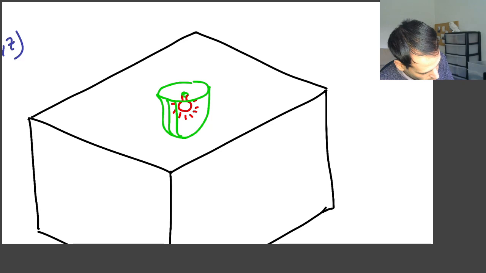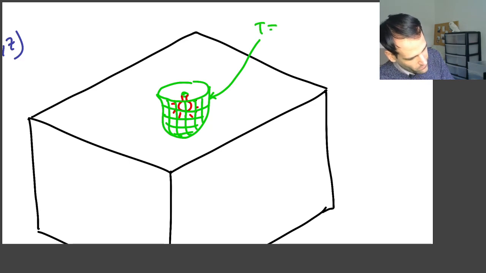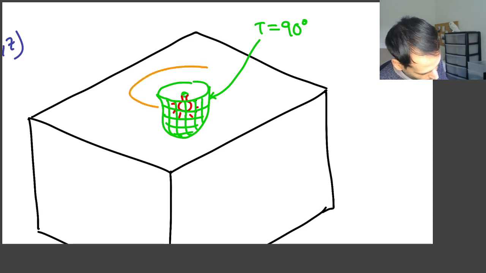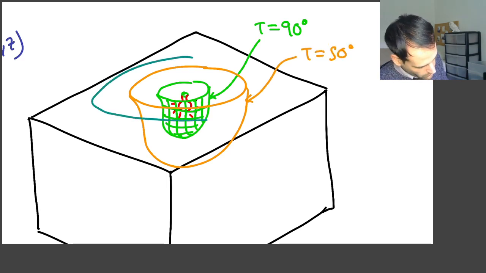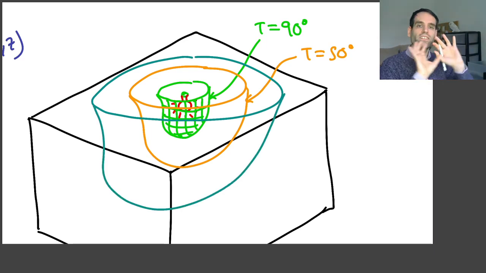So this is a 3-dimensional surface that surrounds the light bulb where the temperature is at 90 degrees. Okay, then you could draw a surface where the temperature is at 50 degrees. And so on, you can keep drawing these contour surfaces in which the temperature is constant.